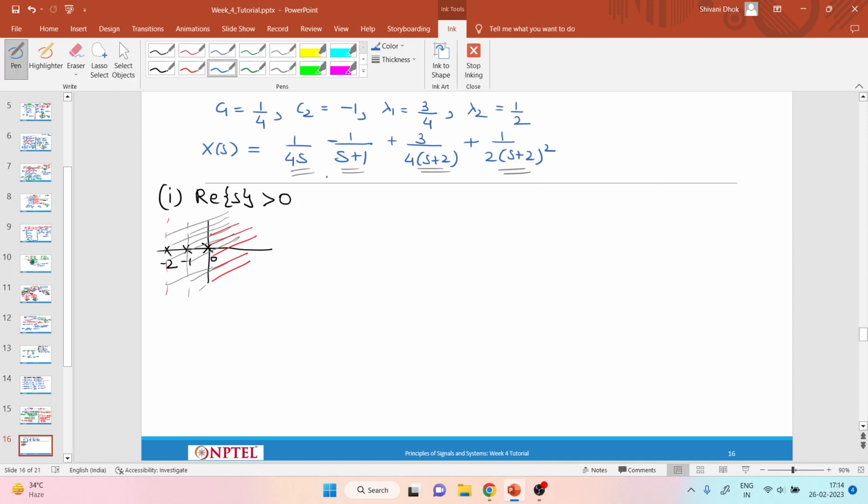But along with that, first I have this 1 upon s term. So this 1 upon s is simply my unit step signal. So this I can write as 1 by 4 u of t. Then this minus 1 upon s plus 1 will lead to minus e power minus t u of t.